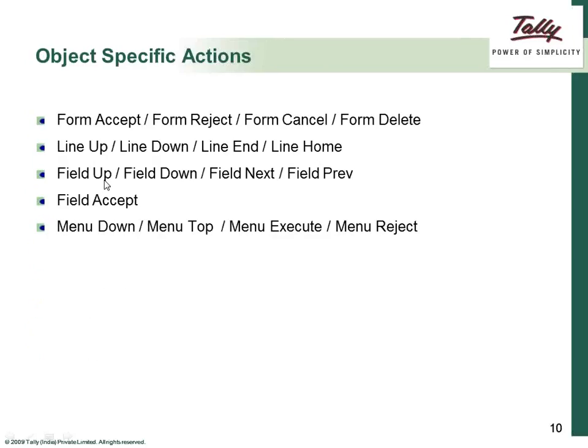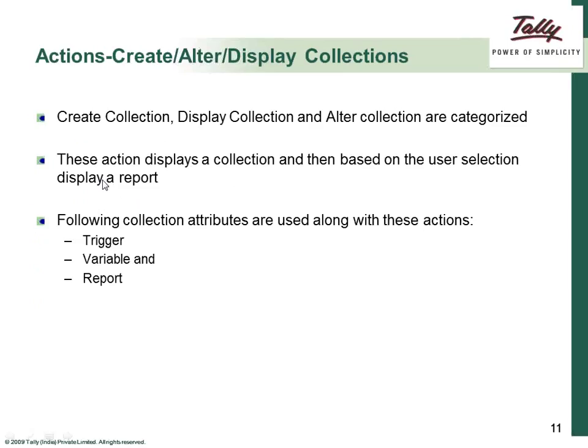Then we discussed a few object-specific actions, and then this is the important task we did, right? Where three new attributes of the collections were introduced: collection attribute trigger, collection attribute variable, and collection attribute report, where trigger accepts a report name as parameter and report also accepts a report name as parameter.